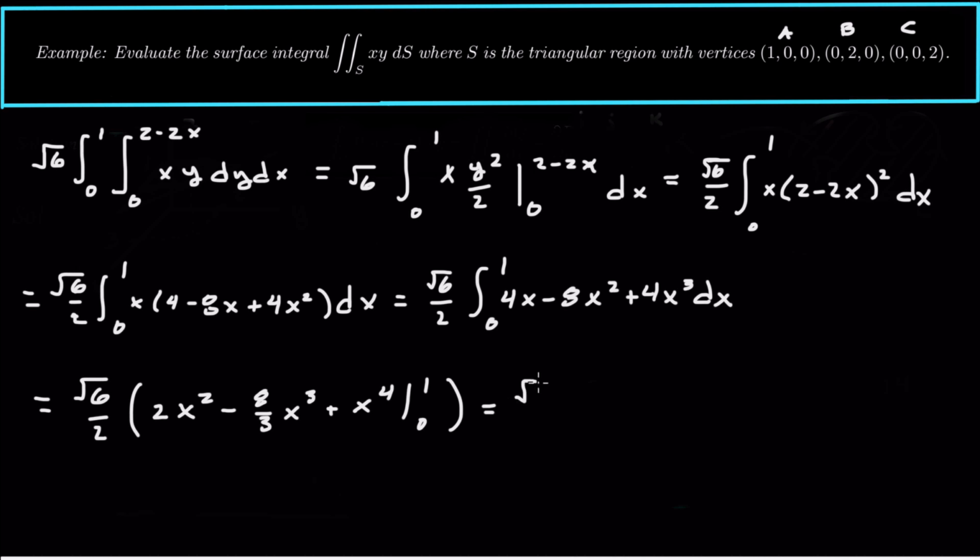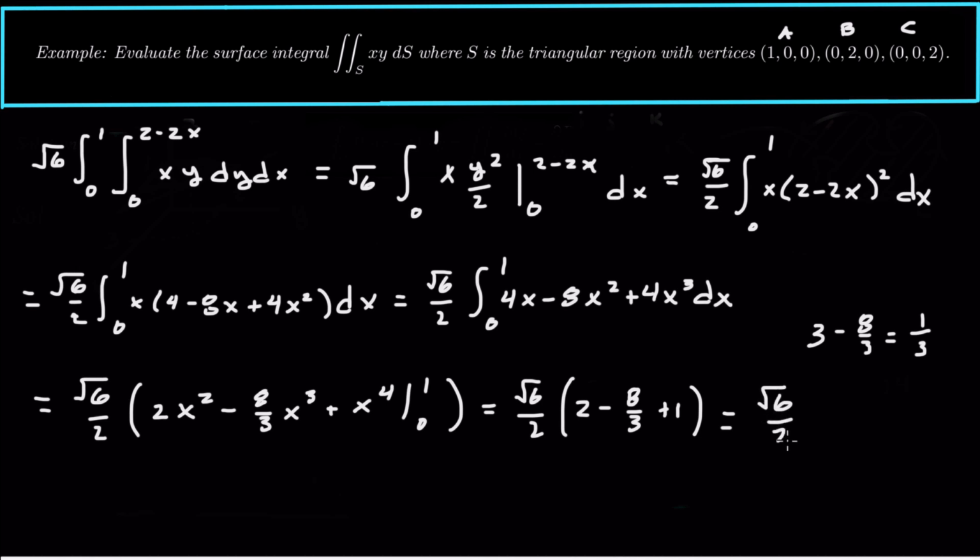So this is square root of 6 over 2 times (2 minus 8/3 plus 1). So 3 minus 8/3 is 1/3. So this equals square root of 6 over 2 times 1/3, which is square root of 6 over 6. And that is our surface integral of this scalar function.